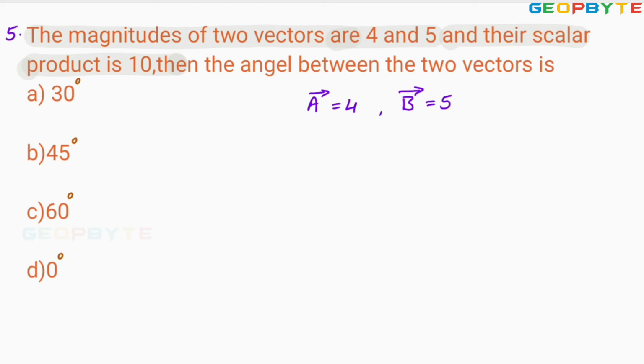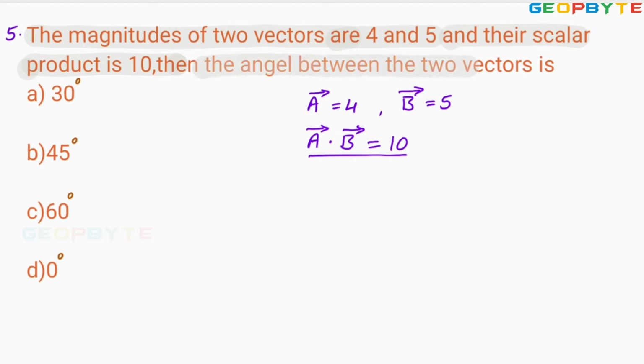Product of two vectors is a scalar quantity that is given as 10. That is given as 10 means it is like this: vector A into vector B is equal to 10. Product of two vector quantity is a scalar quantity.